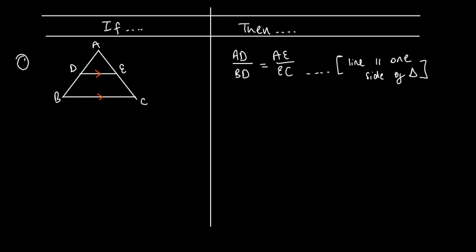So that line cuts the other two sides in the same proportion. Line DE cuts this side and that side in the same proportion. That is why we have that. That is the first theorem, the proportionality theorem. That's what you must look for. If you have any situation like this, you conclude this, okay?